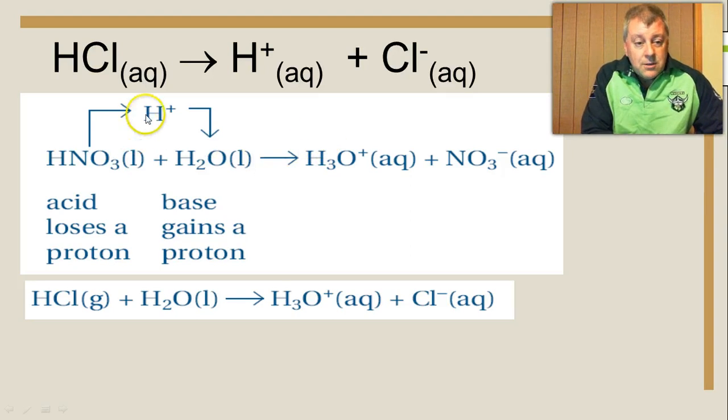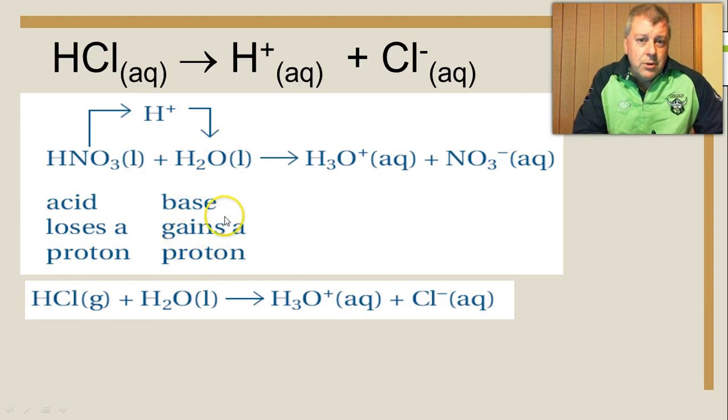If this hydrogen ion attaches itself to water, you get an H3O+ ion, which we haven't encountered before. And so basically the acid is acting as the acid, so it loses a proton, but water is acting as a base.